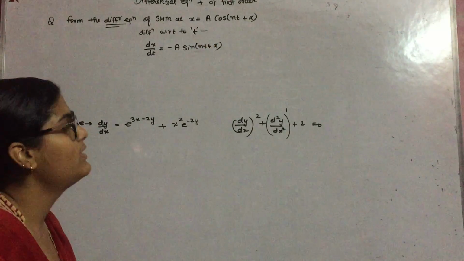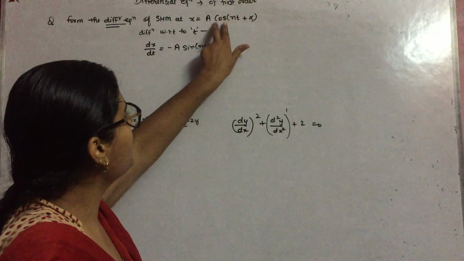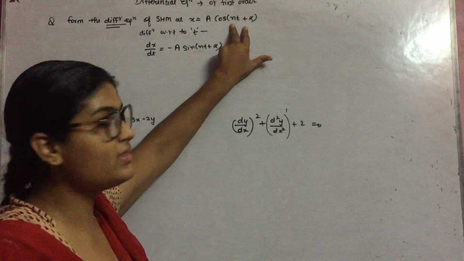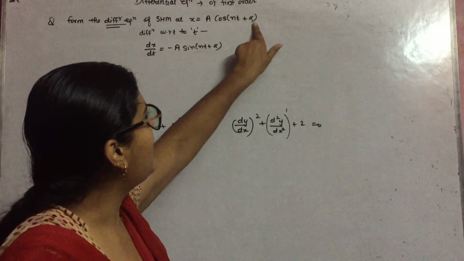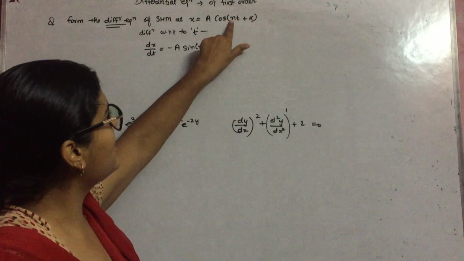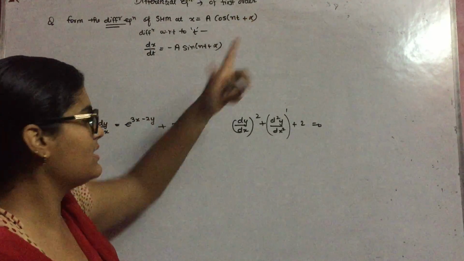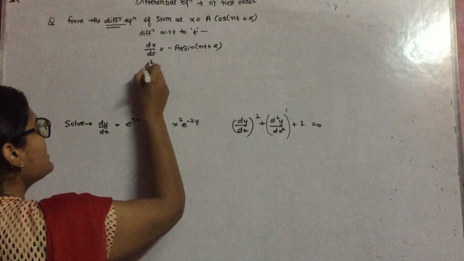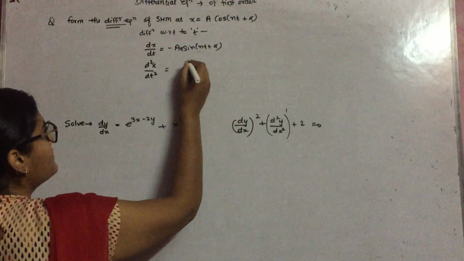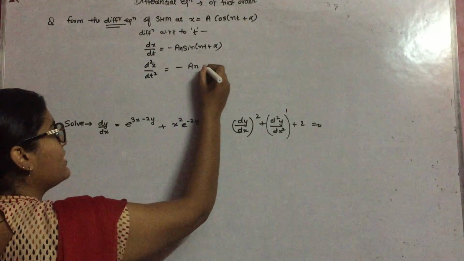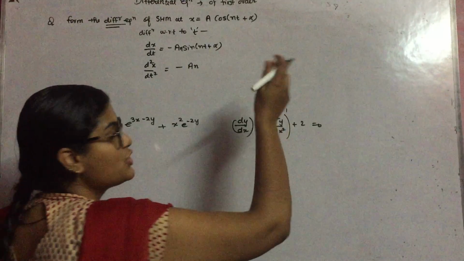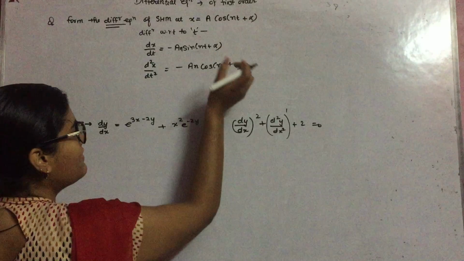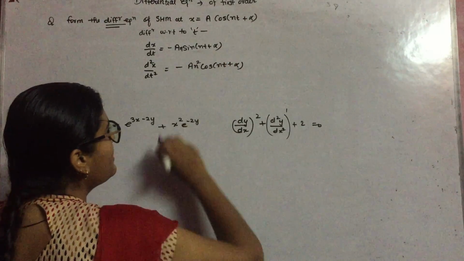Now the chain rule is applied here. The differentiation of cos theta is minus sin theta, but now you have to differentiate theta also. So nt plus alpha with respect to t becomes n, and alpha becomes 0 because it doesn't have t. Again differentiate with respect to t: minus an is constant, the differentiation of sine is cos of nt plus alpha, and again the differentiation of the argument gives n, so it becomes n square.